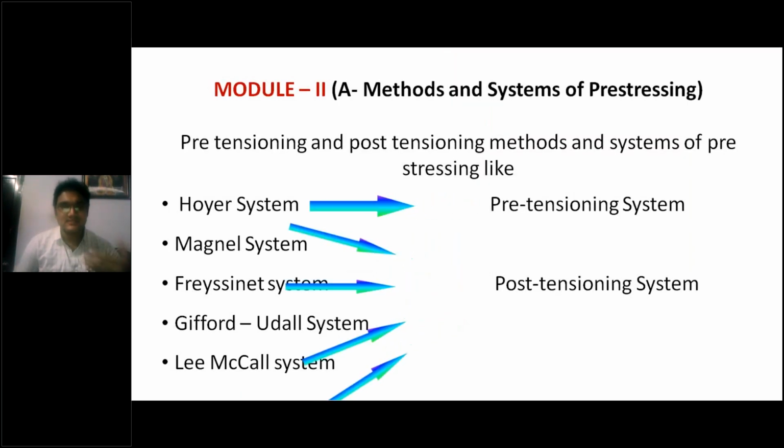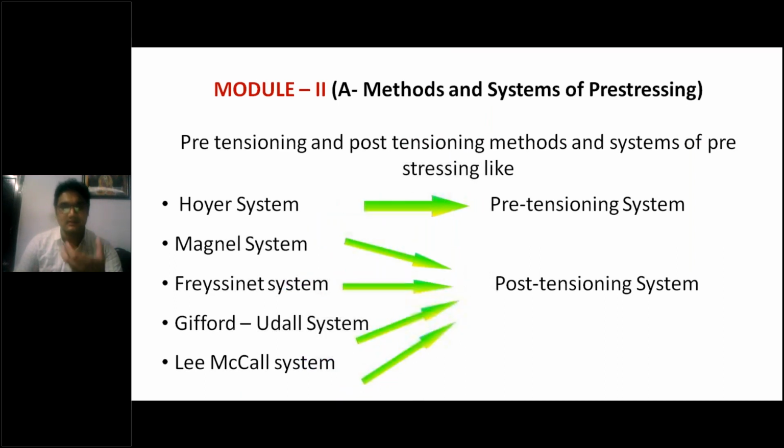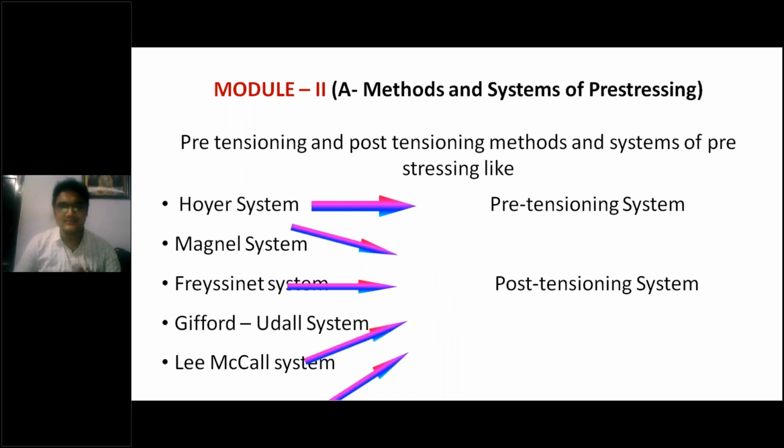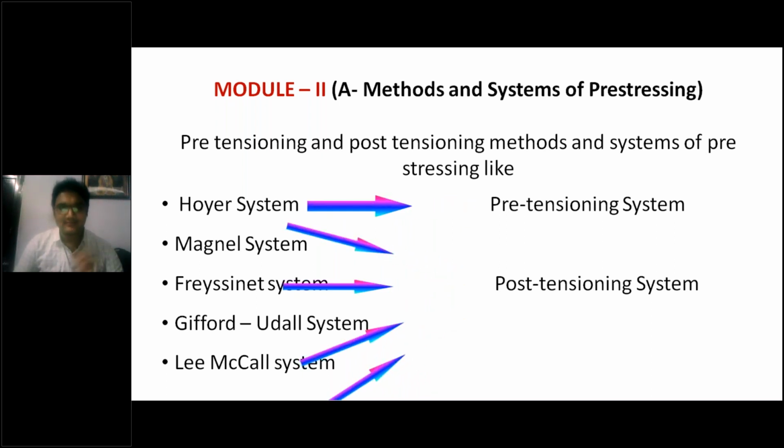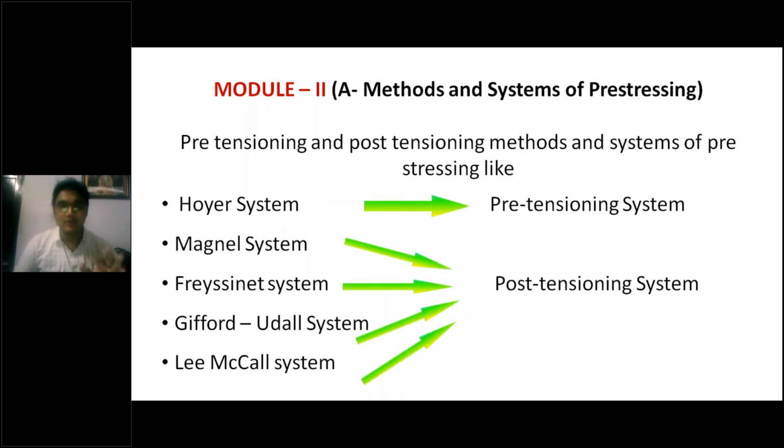In the second module, the first part will consist of methods and systems of pre-stressing. Here, pre-stressing means we are doing pre-stressing in terms of pre-tensioning and post-tensioning, isn't it? The methods and systems listed here are 5 systems: Hoyer system, Magnel system, Freyssinet system, Gifford-Udall system, and Lee-McCall system.